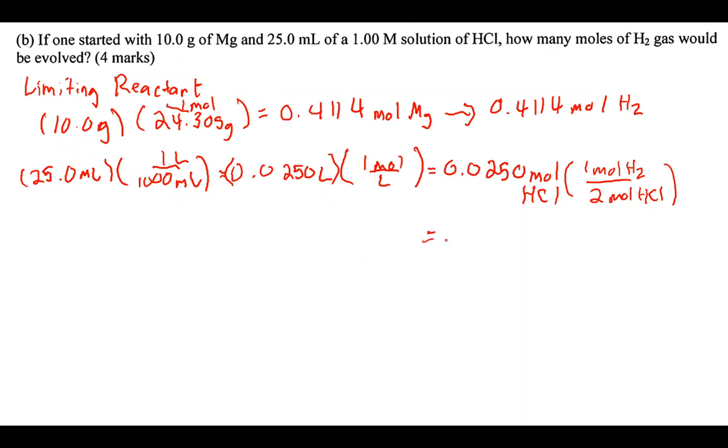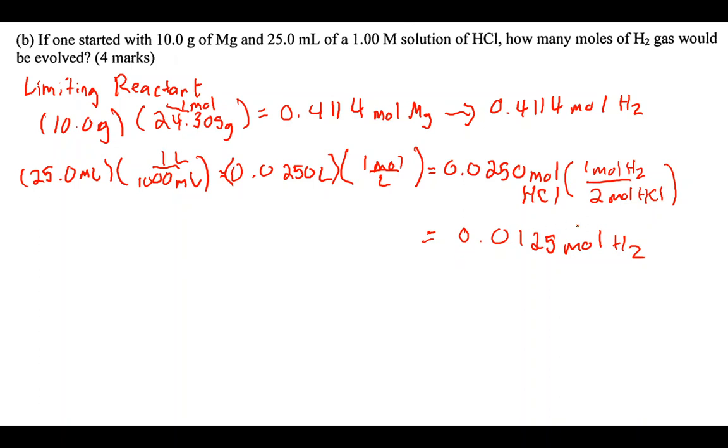Therefore, if you divide that by 2, you get 0.0125 moles of H2. This is how many moles you could produce if the other one was in excess.